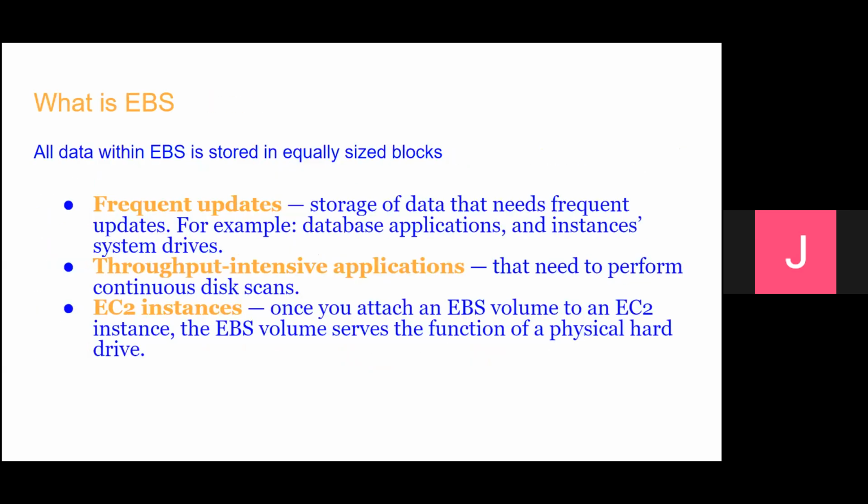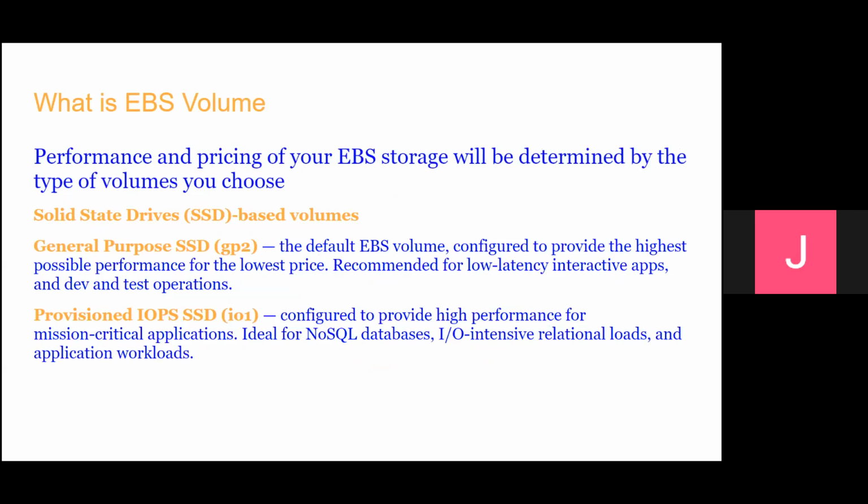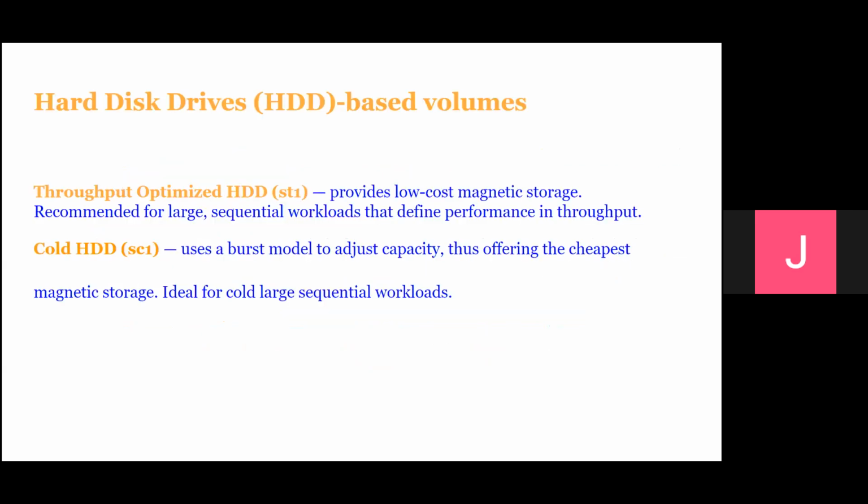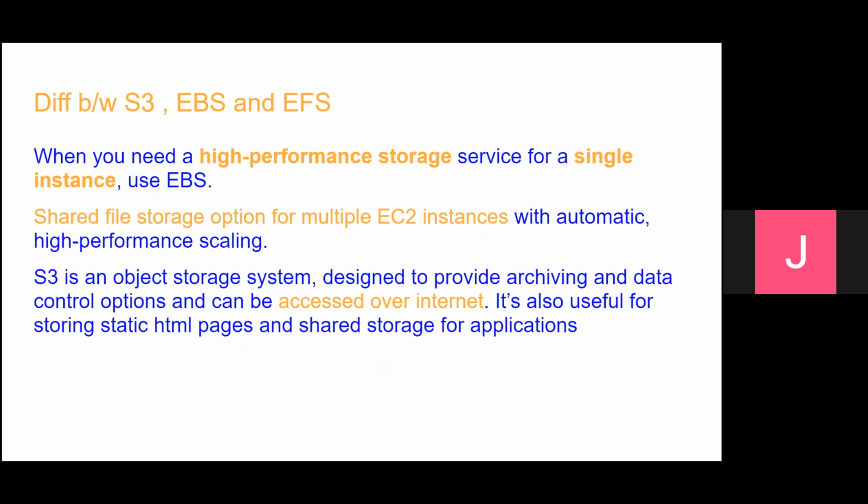So these are some of the use cases where EBS volumes are used, the types, and the differences. Simply, if you want to share data across multiple EC2 instances, use EFS. If you want a volume directly attached to a single EC2 instance, use EBS. And S3 is not tied to your EC2 instance, and you can leverage S3 for storing data which you want to access through HTTP or HTTPS protocol.